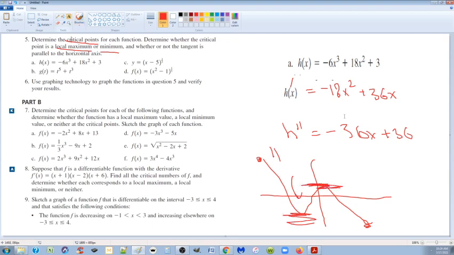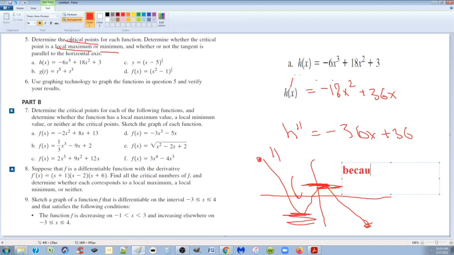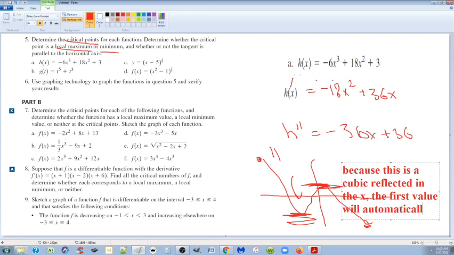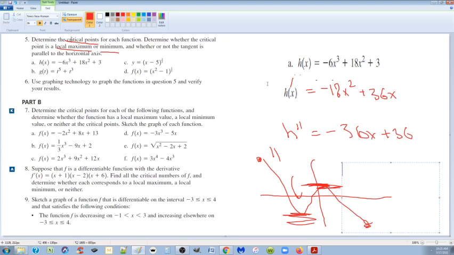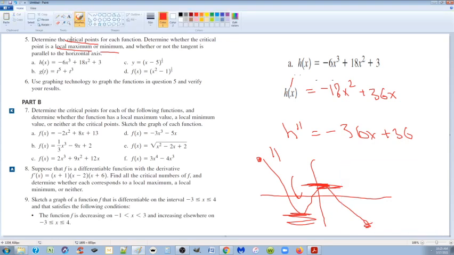You could get away with saying, because this is a cubic reflected in the x, the first value will automatically be a minimum. The only thing you would have to watch out for is that slip and slide thing, but I can tell this doesn't slip and slide.